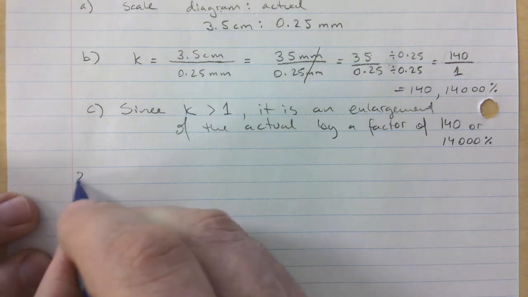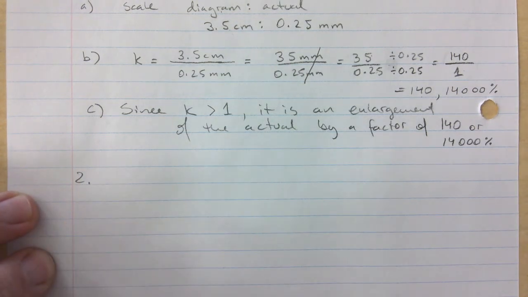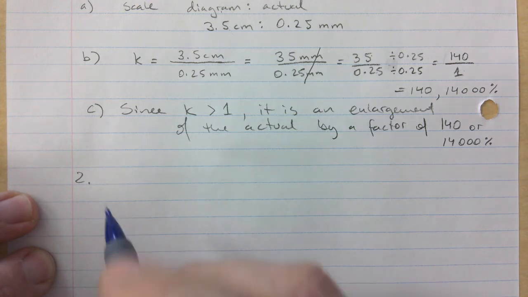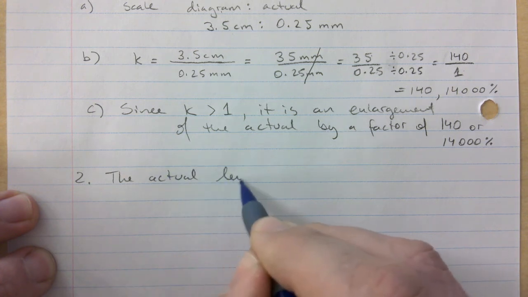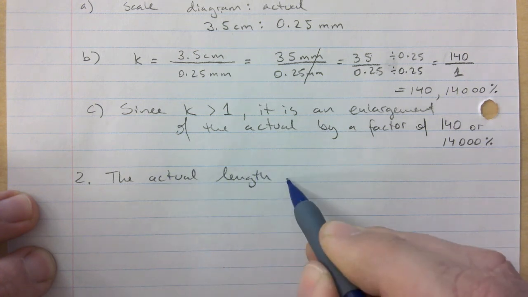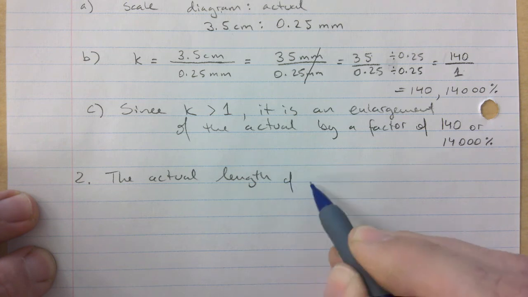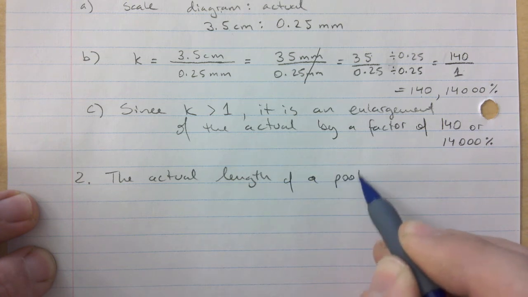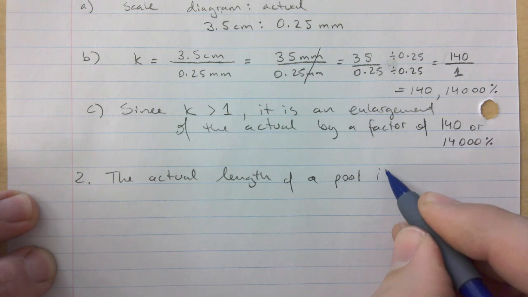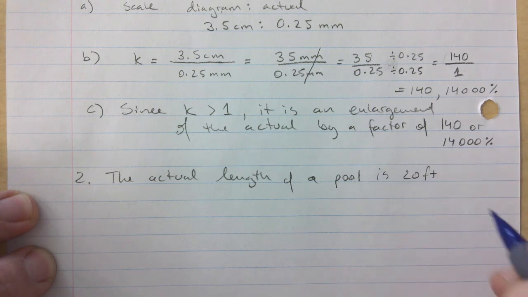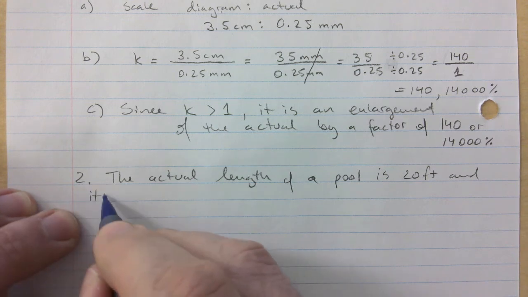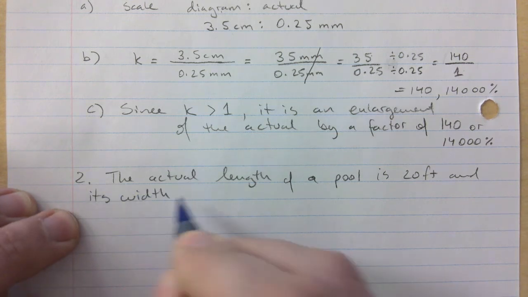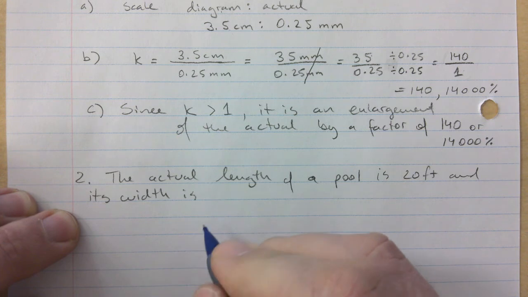Okay. Second example. The actual length of a pool is 20 feet, and its width is 15 feet.